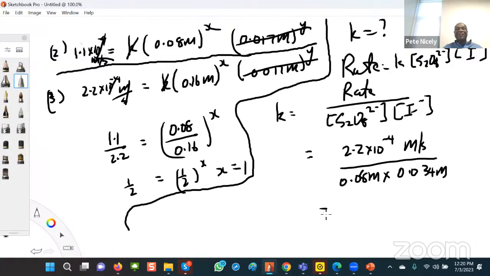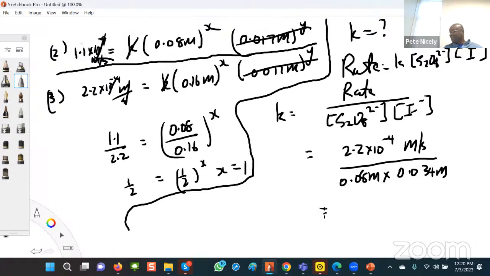Whatever this gives, that would be the answer. So let's see what that gives. 2.2 times 10 to the minus 4, divided by 0.08, divided by 0.034.